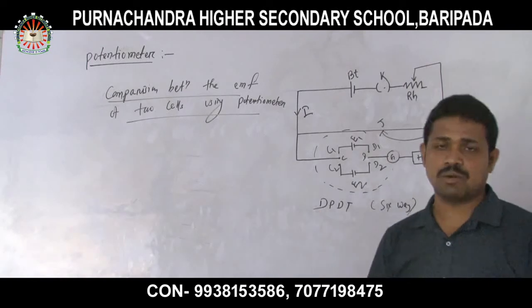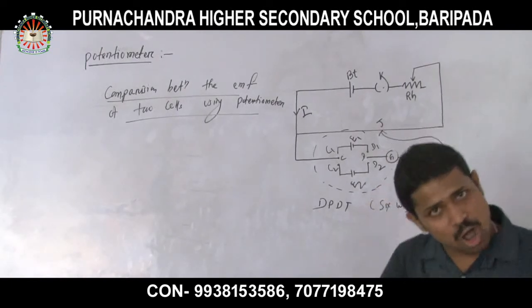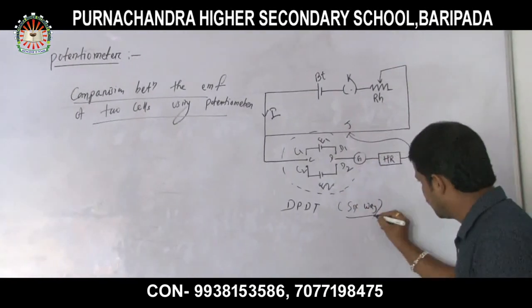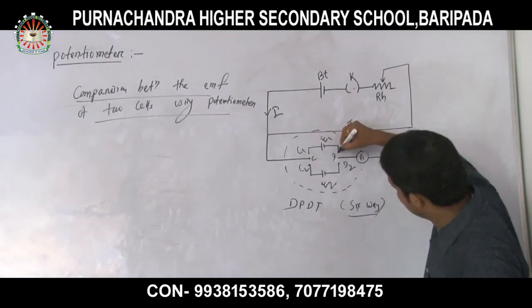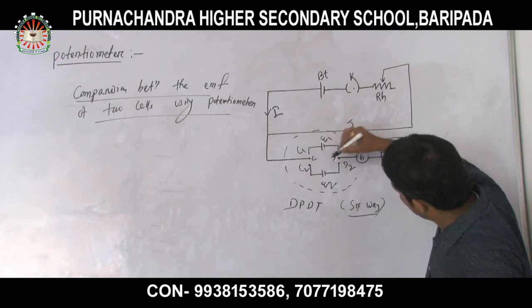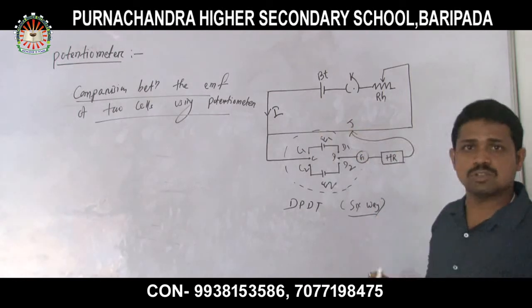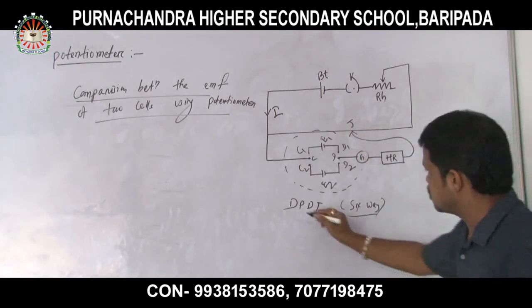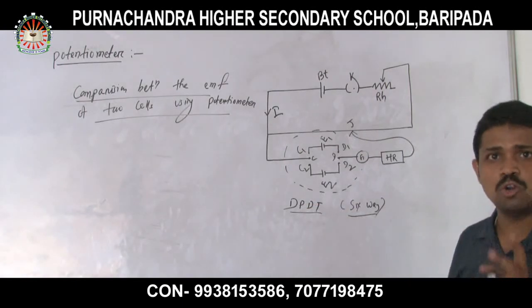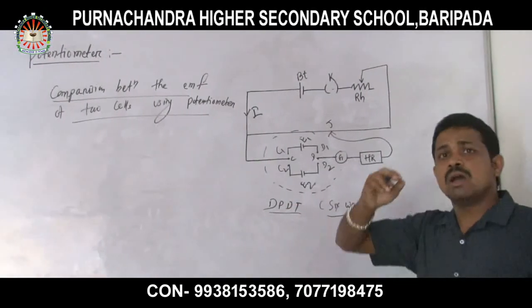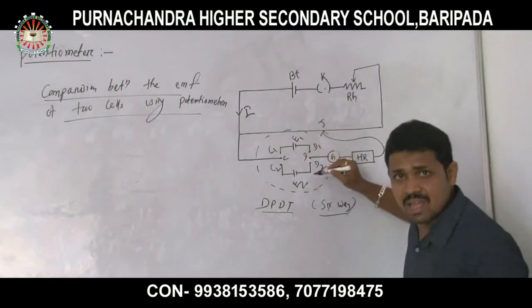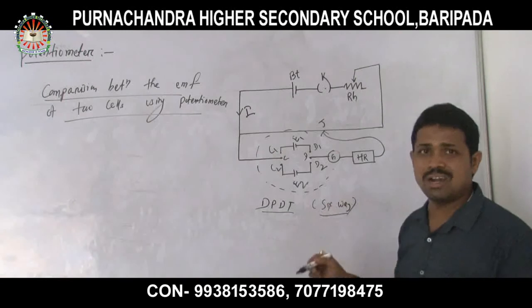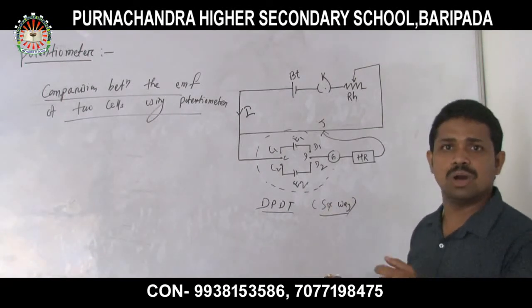In our home we use a 2-way switch, either up or on, but this is a 6-way switch. Look here: 1, 2, 3, 4, 5, 6. So it is called DPDT, double pole, double throw, because the switch can have either an upper function or a lower function.